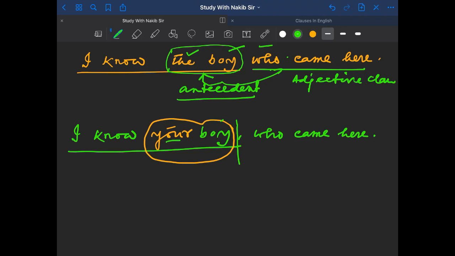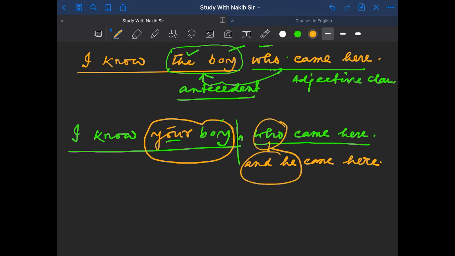I know your boy. Okay, but so what is the function of this part? Here is a comma. What is the function of this part? The function of this part is nothing but to give some additional information about your boy. What is the additional information? That he came here. So who came here? Who means and he.